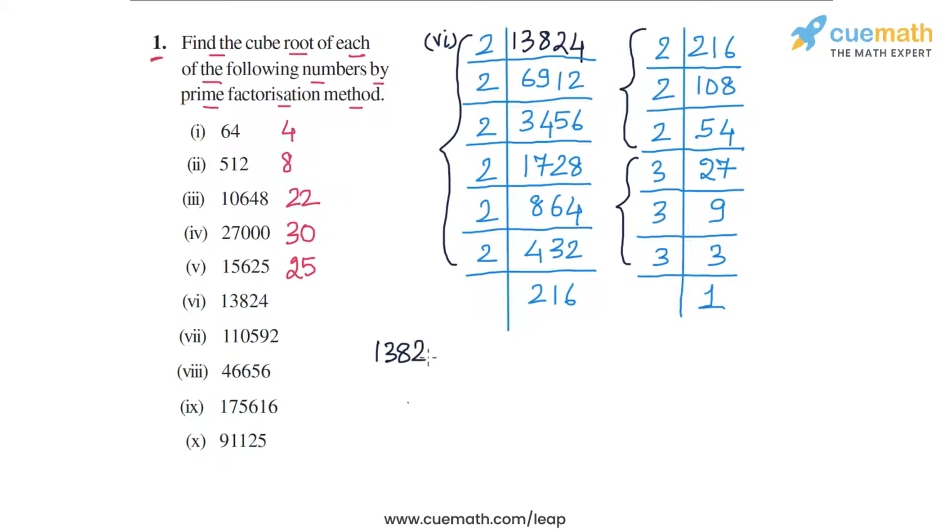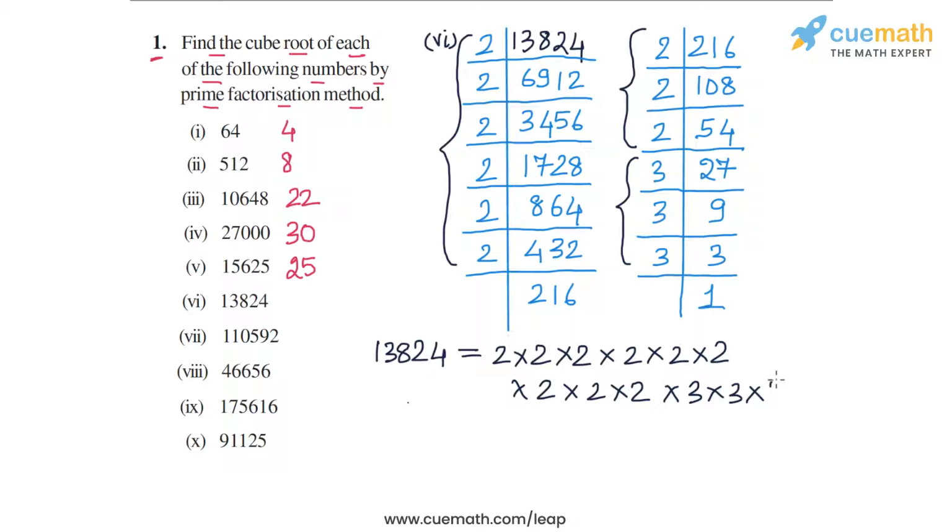So let's write this. The number 13,824 has 9 repetitions of the prime factor 2, and then it has 3 repetitions of the prime factor 3. So if we group the prime factors into triplets, we have one triplet of 2, another triplet of 2, a third triplet of 2, and one triplet of 3.